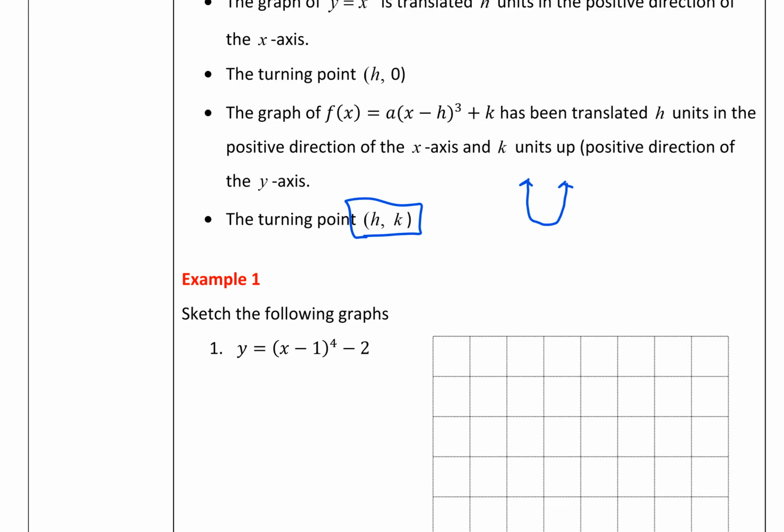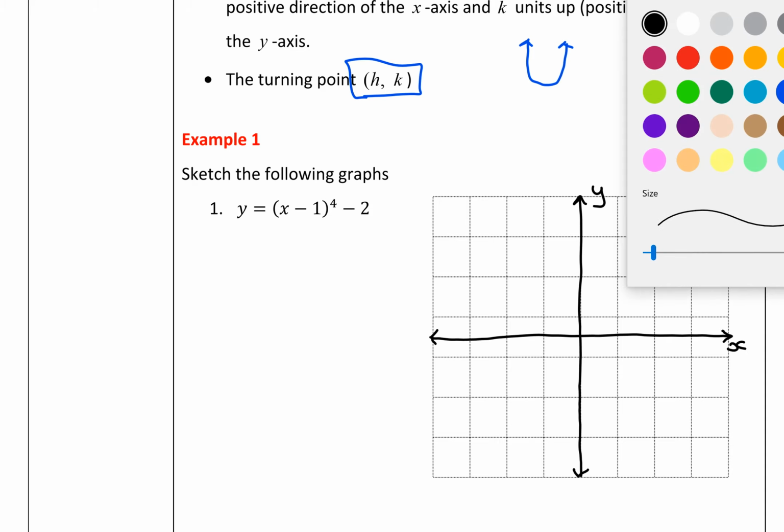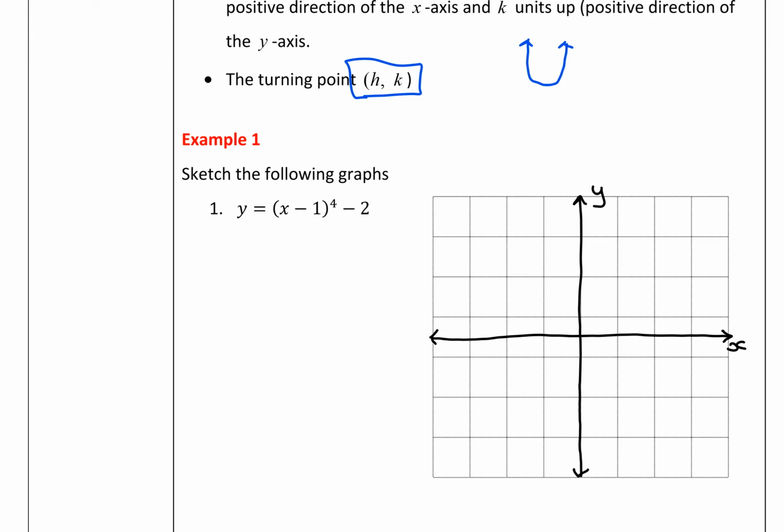So with our first example here, we're asked to sketch the graph of y = (x - 1)^4 - 2. Now just make my axes appear there. So we can first read that the turning point here is at (1, -2). So that's my turning point. We also note that there's a number 1 here as my a value, so the shape is a positive quartic.